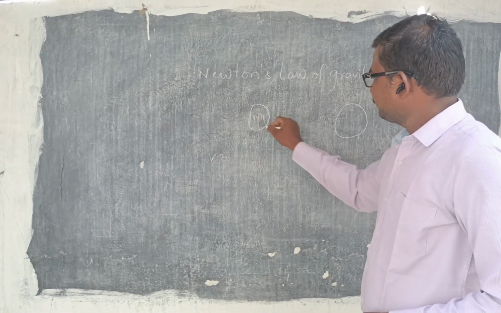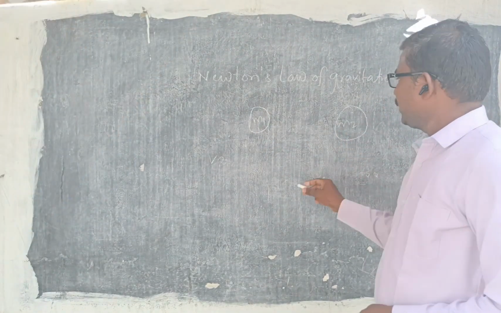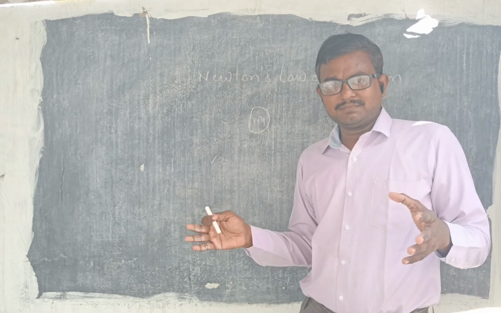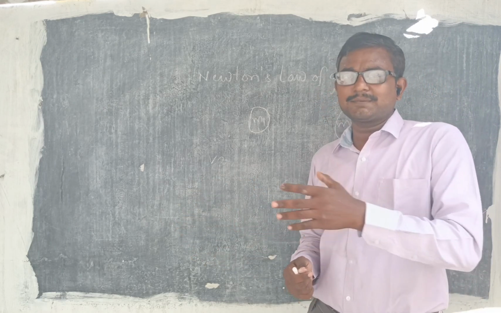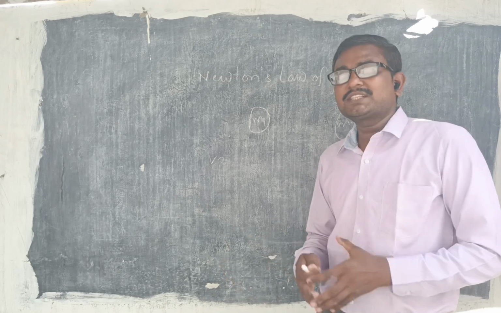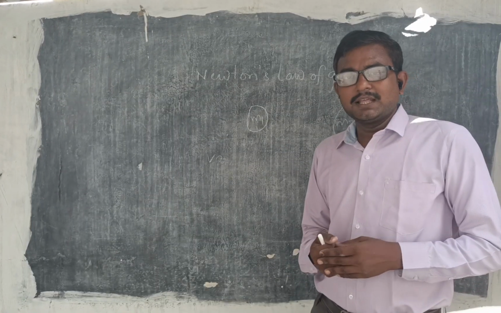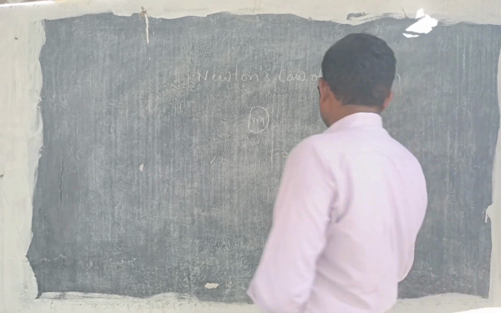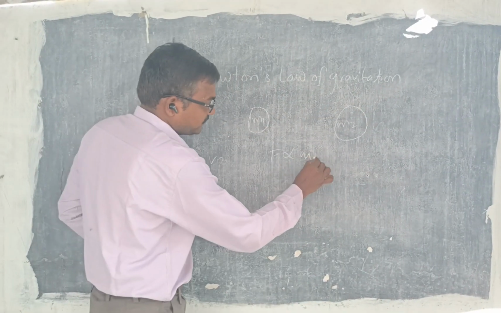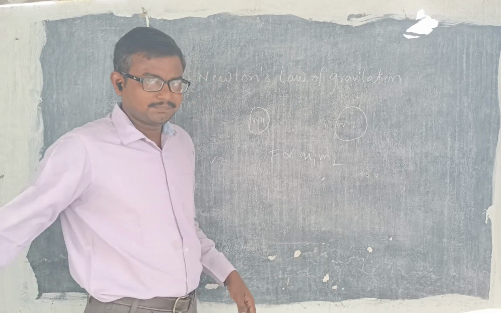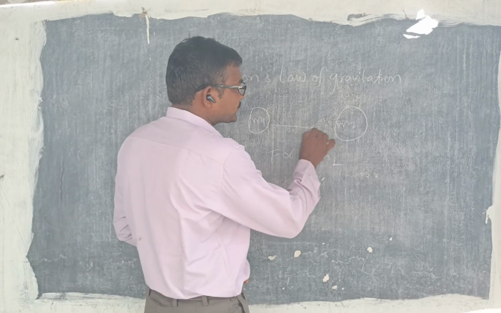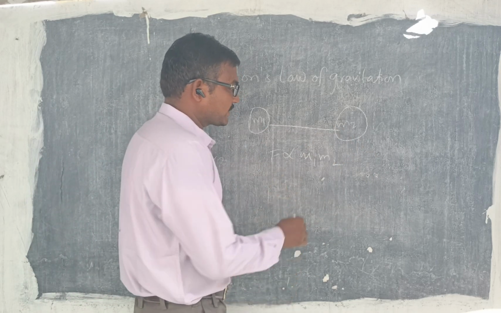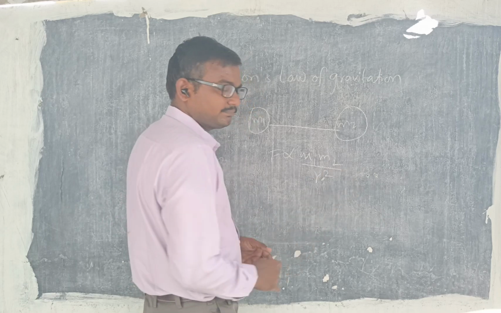So mass M1, here mass M2. Every body in the universe attracts other bodies with some amount of force. This force is directly proportional to the product of their masses, and inversely proportional to the square of the distance between them.